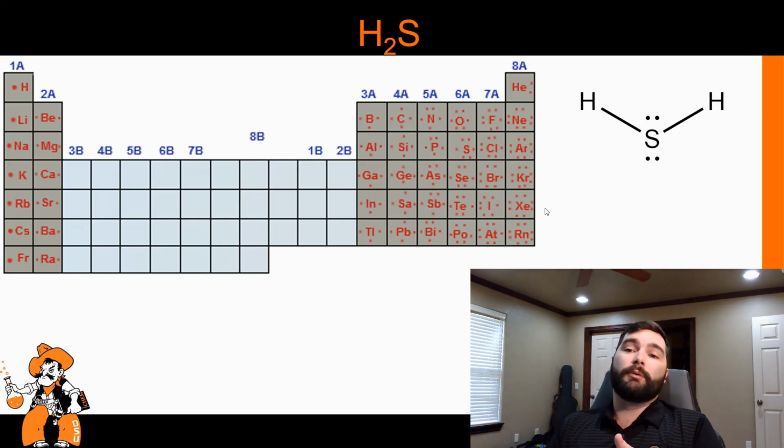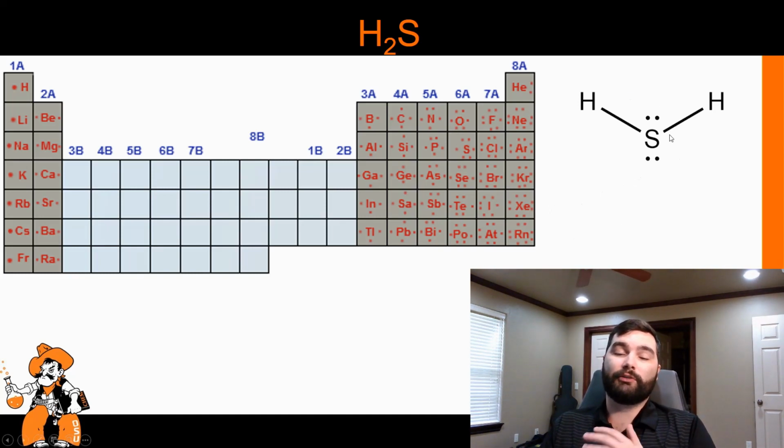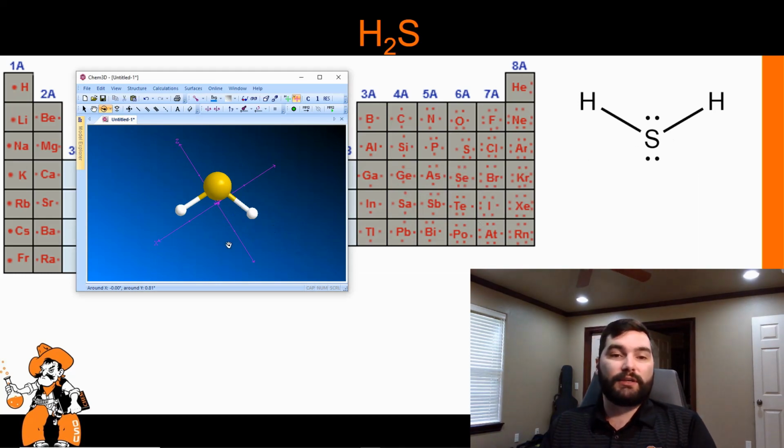Your electronic geometry of this molecule is still going to be tetrahedral because you have 4 electron regions around this central atom. However, your 3D structure of the atom is going to just look bent because you can't see those lone pairs. So technically you have a lone pair sticking off here, a lone pair sticking off here, but you can't see them.